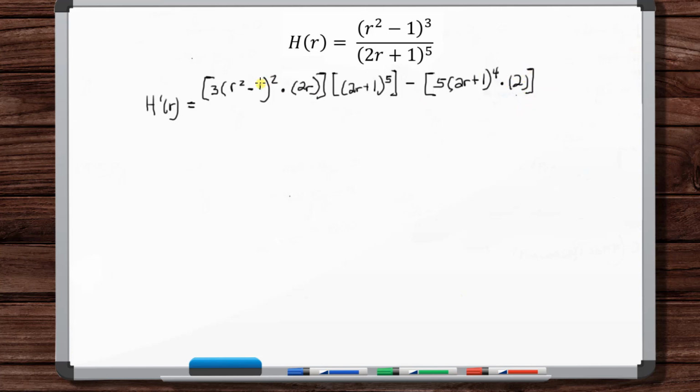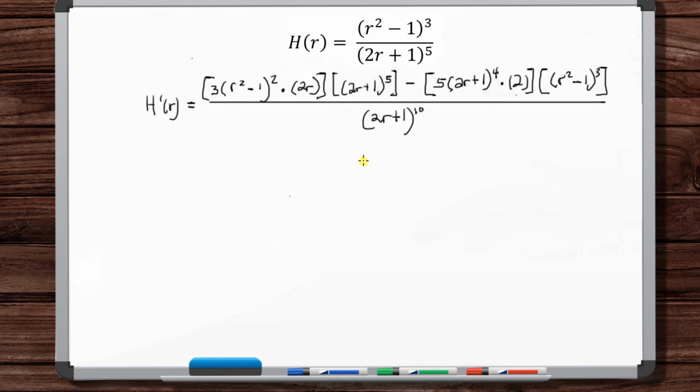Okay, so derivative of the top times the bottom minus derivative of the bottom times the top. Okay, now all over the bottom squared. (2r plus 1) to the 5th, squared, is (2r plus 1) to the 10th. So that's your derivative. We just need to simplify this as much as we can.